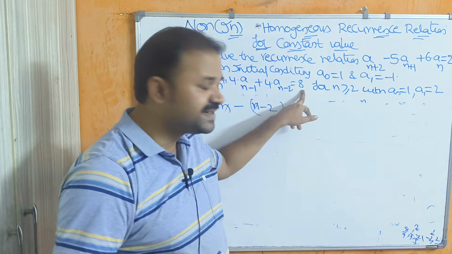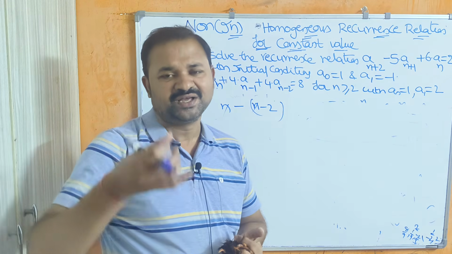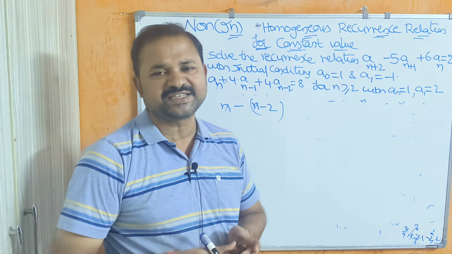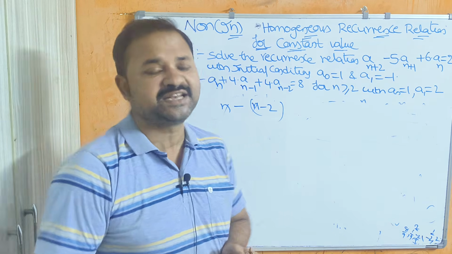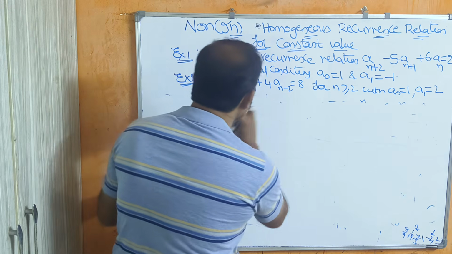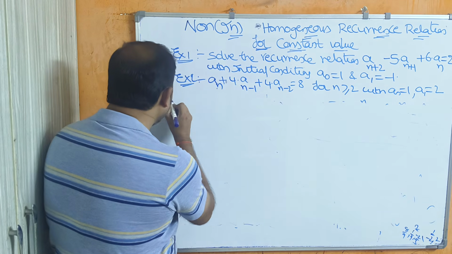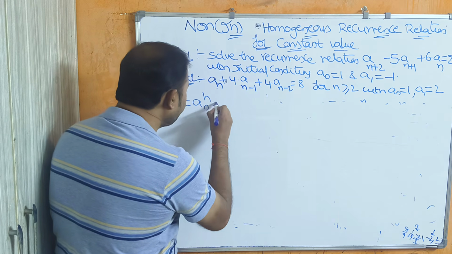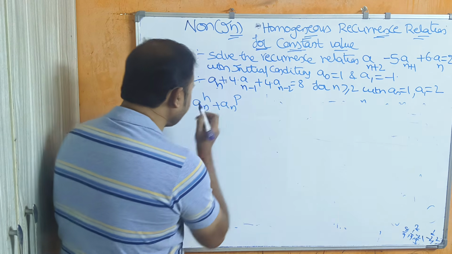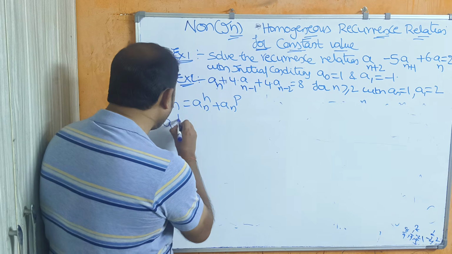Here the right hand side contains 8. So 8 means it is not a 0. So we can say that this is second order non-homogeneous recurrence relation. So the general solution for the second order non-homogeneous recurrence relation is an equal to an power h plus an power p. So first to compute an power h.